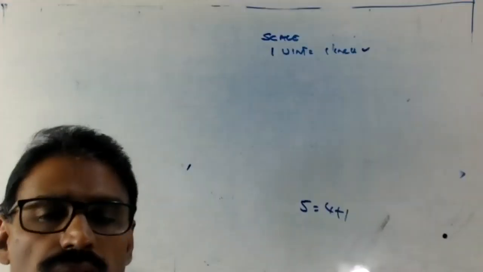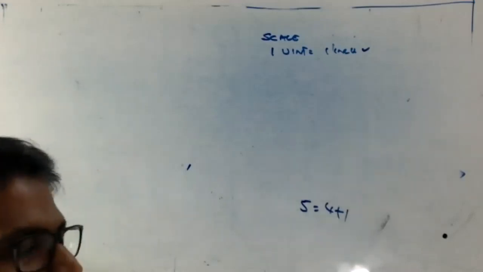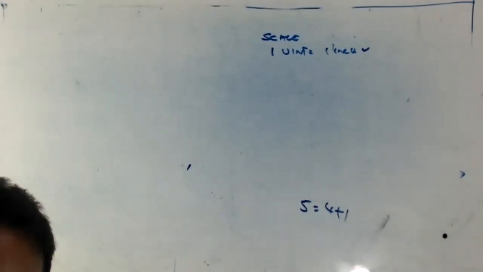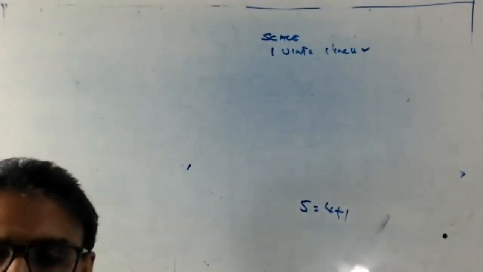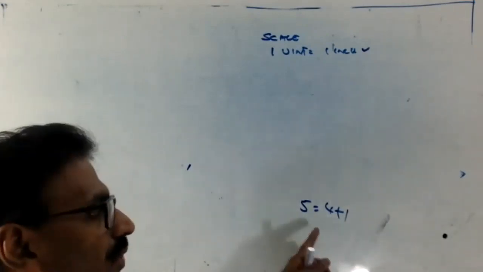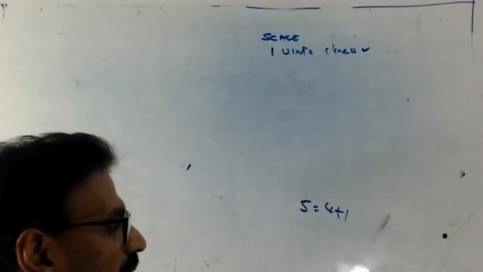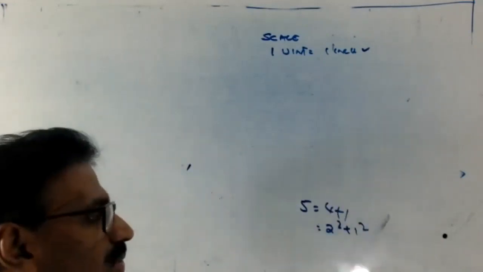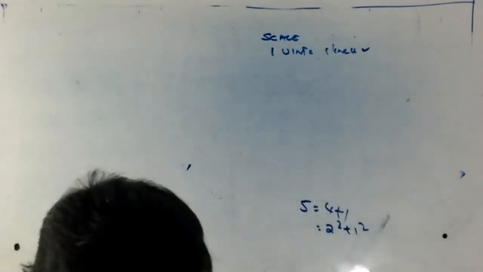For 13, can I take 12 and 1? 12 plus 1 is 13. How can I take it? So that's why I'm telling you, take the sum of 2 perfect squares. Now here 5 equal to 4 plus 1. That is 2 square plus 1 square. So that is clear now. This part clear or not?